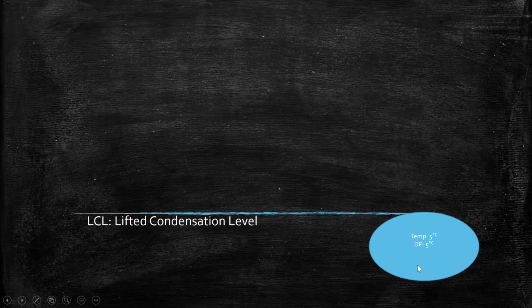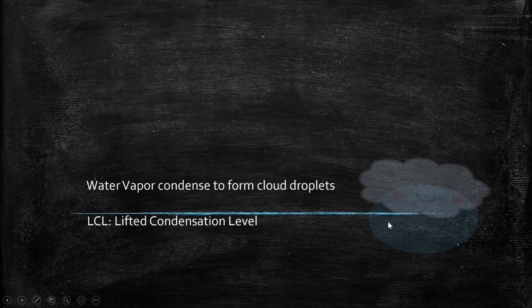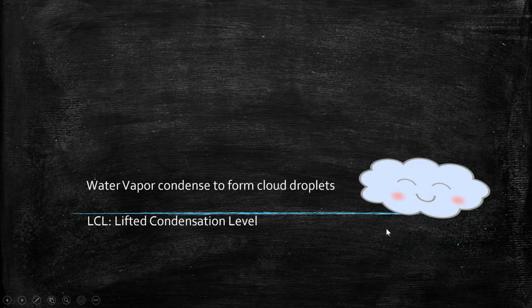Because if the air were forced to rise beyond this point, it would still have to cool due to expansion, but water would have to condense. When that happens, water vapor condenses to form cloud droplets, and you have a cloud. The air would still continue to cool off, but notice how the dew point temperature drops, because now that it's lost a little bit of water, it can go down a little bit more in temperature.